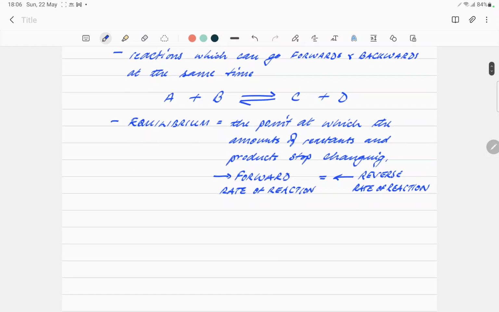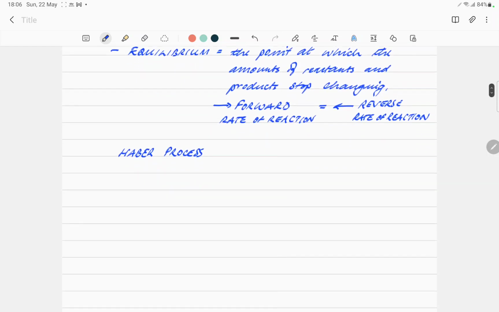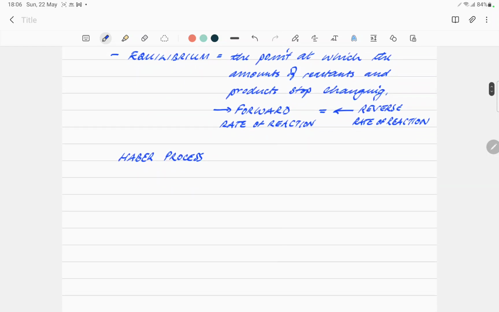Using a particular example, the Haber process is the one that usually comes up in the exam, if it does at all. It's what we use to produce ammonia. So you'll have nitrogen gas added to hydrogen gas to produce ammonia.